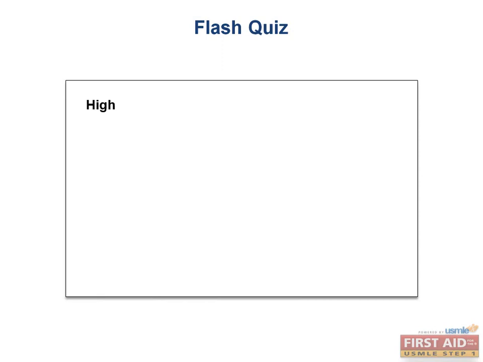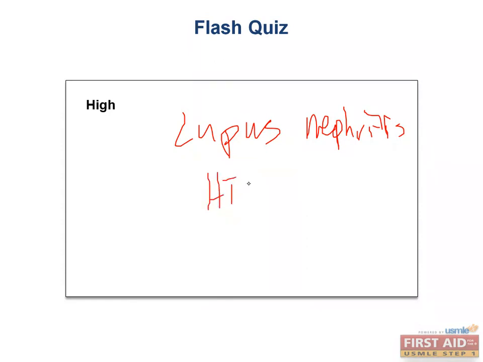Now, the malar rash on the woman's face should tip you off to lupus. And then you will know that the patient's hematuria is probably caused by lupus nephritis. And since the patient has nephritic syndrome, she's going to have hypertension due to salt retention, and that's why the blood pressure will be high.